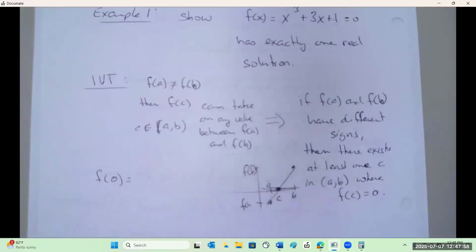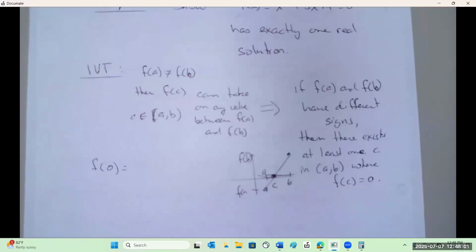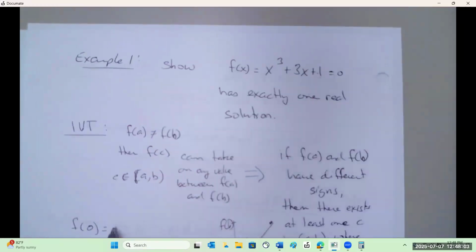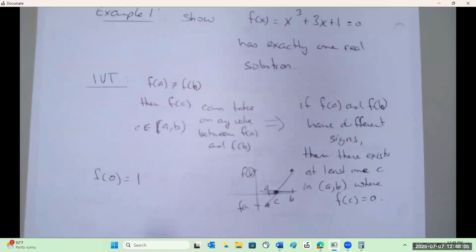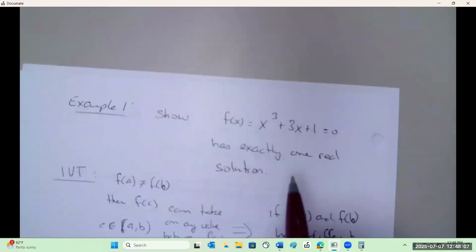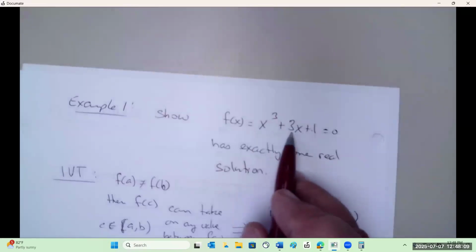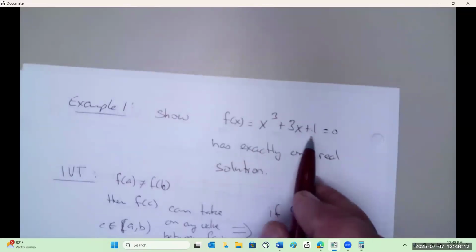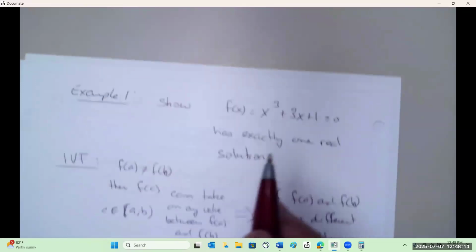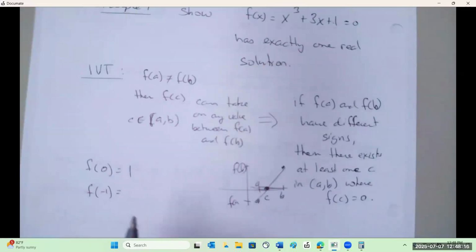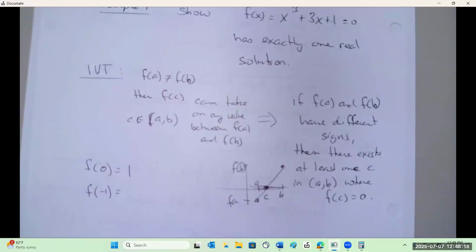What happens to f of 0? I always start with the easiest one. If f of 0, what do we get? Positive 1. I don't want to put positive x's, since that's only going to give me more positive values. That's not going to help me. So I'm going to go to the negative. What happens at negative 1? Is the answer going to be positive or negative?